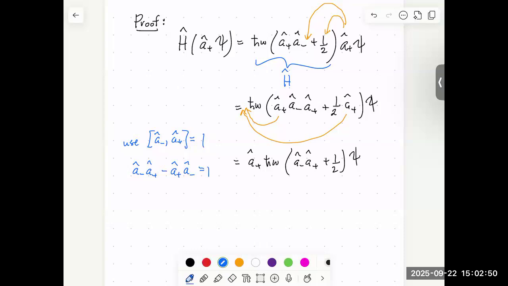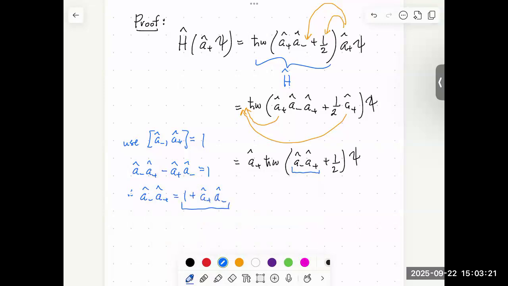I have an A minus A plus in here, and what I'd like to do is rewrite that in terms of A plus and A minus. So if I solve for A minus A plus, it's going to be 1 plus A plus A minus.